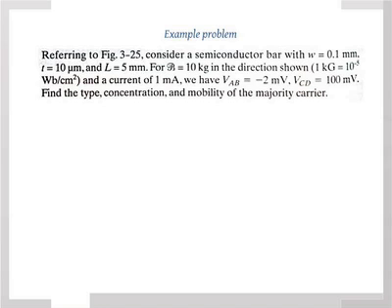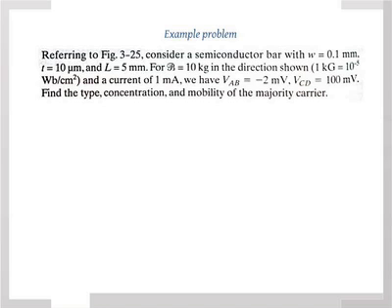Okay, consider a semiconductor bar with a width of 0.1 millimeters, thickness of 10 microns, and length of 5 millimeters. For an applied field of 10 kilogauss, in the direction shown, which is the direction here, 1 kilogauss is 10 raised to minus 5 Webers per centimeter squared.